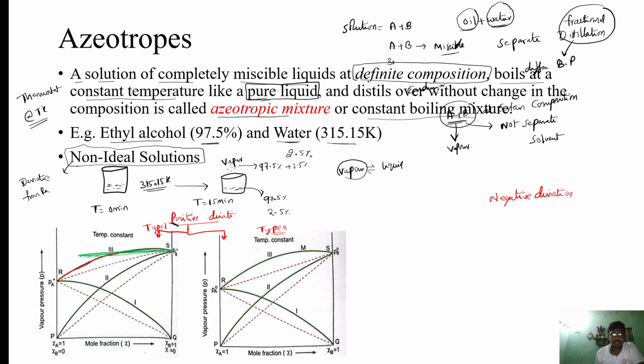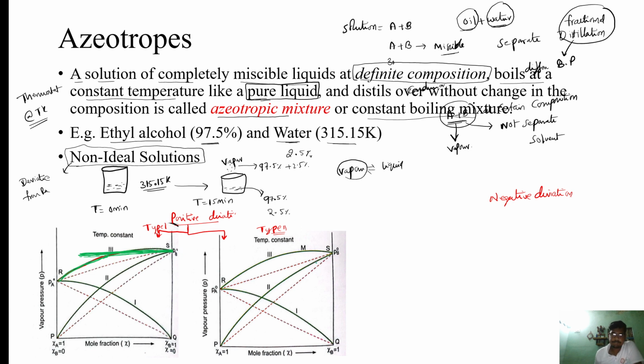This is the pure liquid vapor pressure of component B. So even in the type 1 positive deviation, the curve will not reach above this pure liquid state. It will always be below.